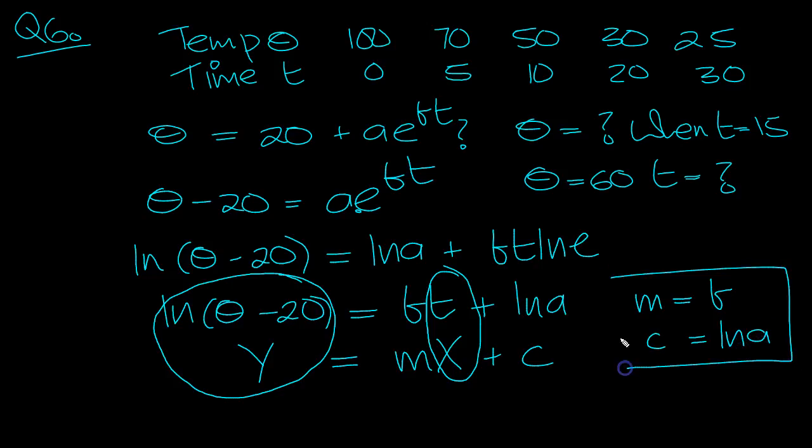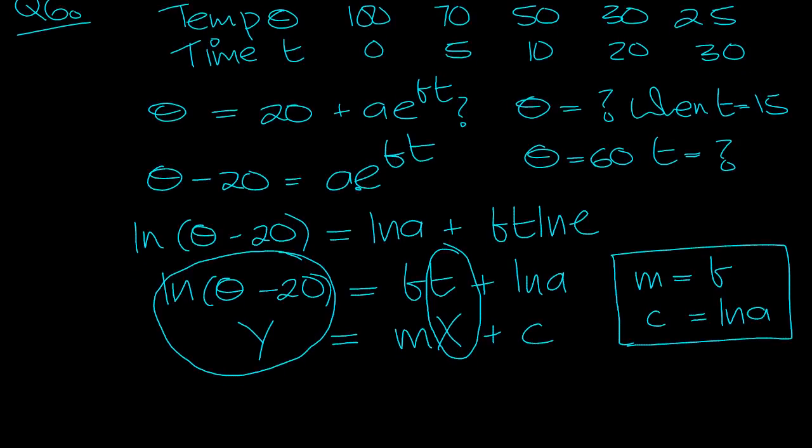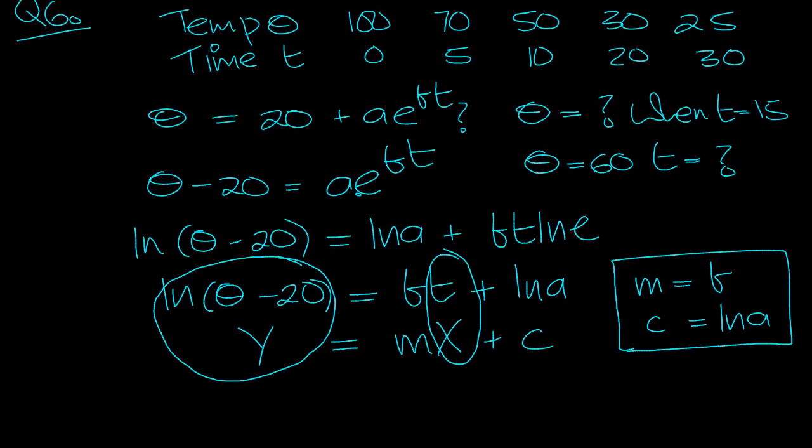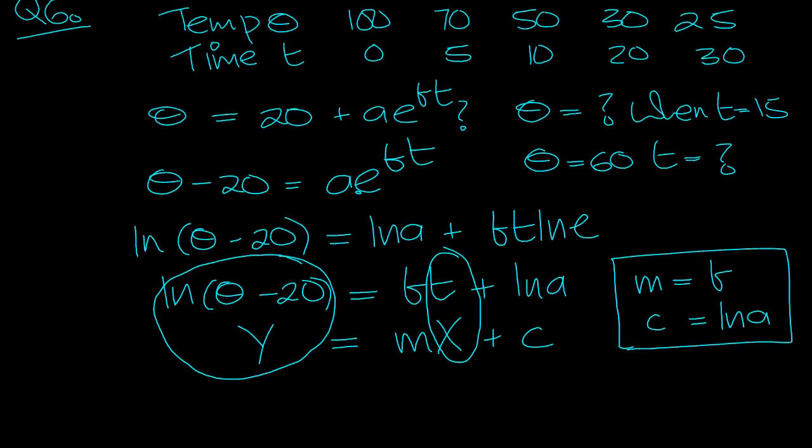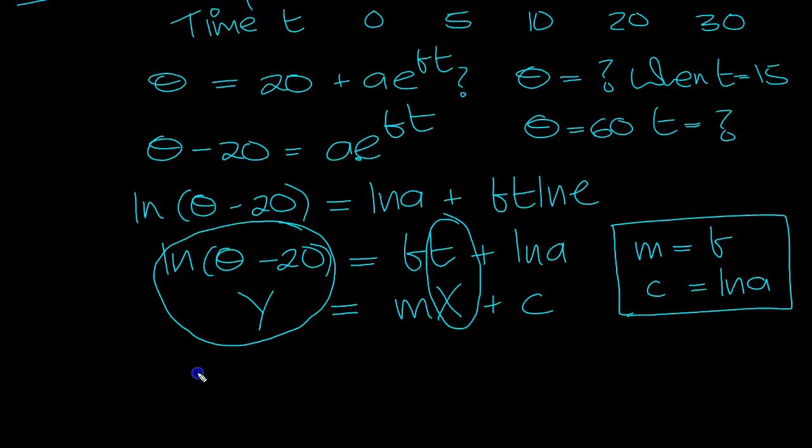Okay, that's the information then, and those are the correspondences, so to speak. So we need ln(theta minus 20) against t. So let's do time. So t equals, because time is the x-axis, 0, 5, 10, 20 and 30.